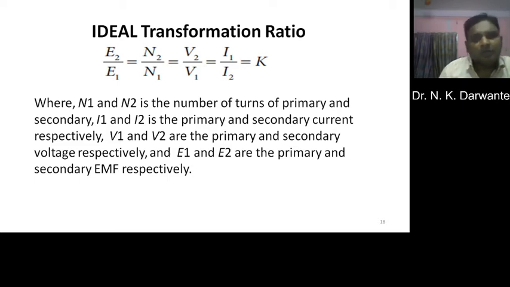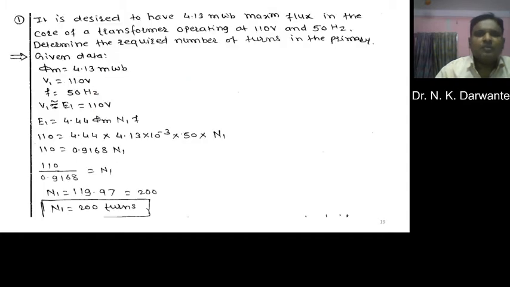Actually, you will find that the power at the secondary is always less as compared to the primary, because of small power losses in the transformer. We are going to see the different power losses which occur in the transformer.